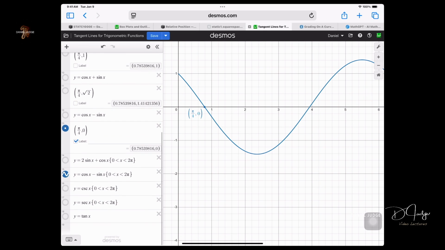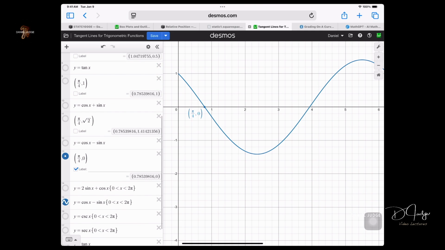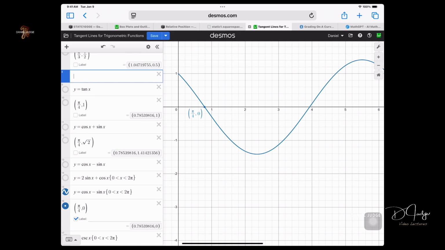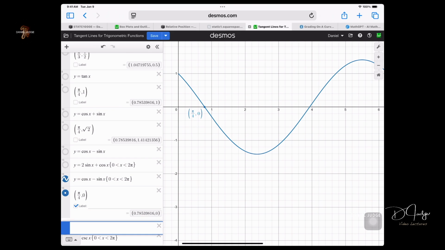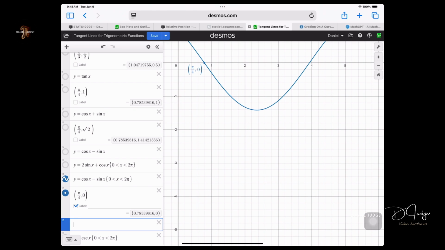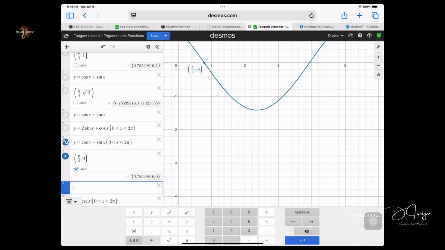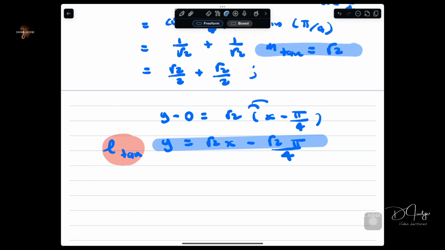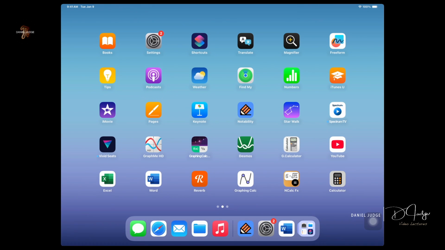Now let's add this tangent line so we can see it. Y equals, I think it was square root of 2 x minus square root of 2 pi over 4.